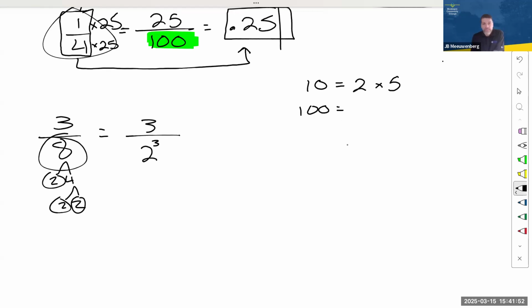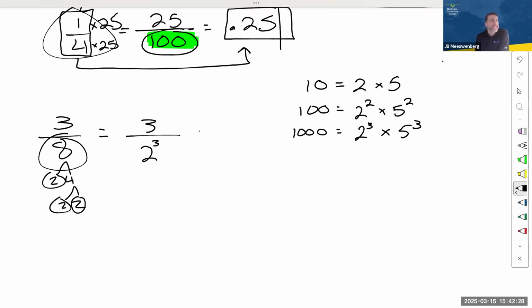If you do a factor tree for this, I'm not going to show the whole thing, but if you do a factor tree and list out the prime factorization, you'll see it looks like this. 2 to the second times 5 to the second. And then if I say, what about 1,000? Again, we're thinking about this denominator here. 10, 100, 1,000. If you do a factor tree, you'll find the prime factorization is 2 to the third times 5 to the third. And that pattern continues.